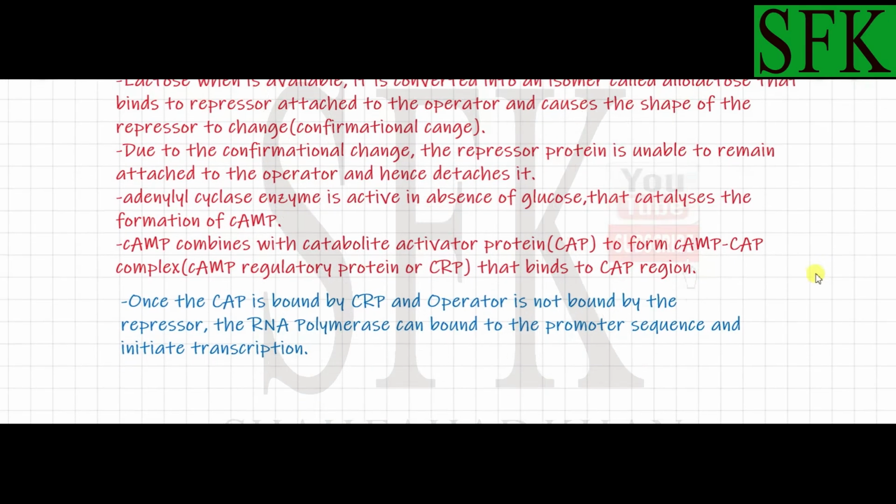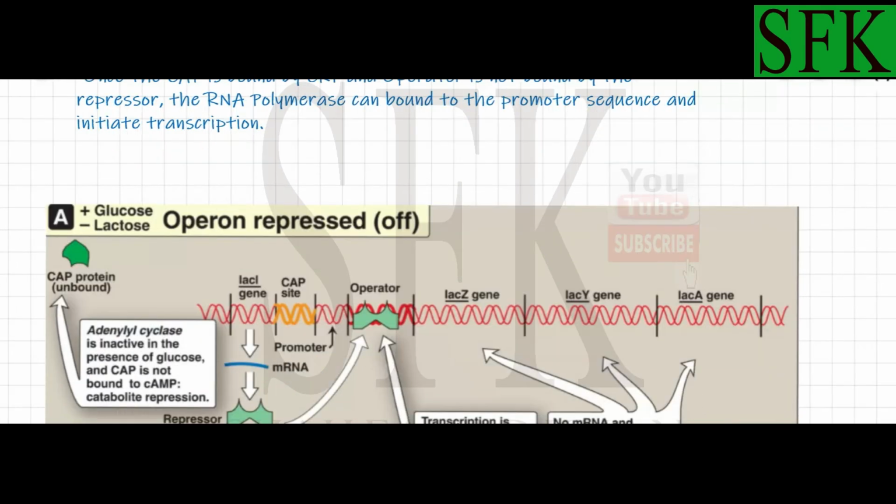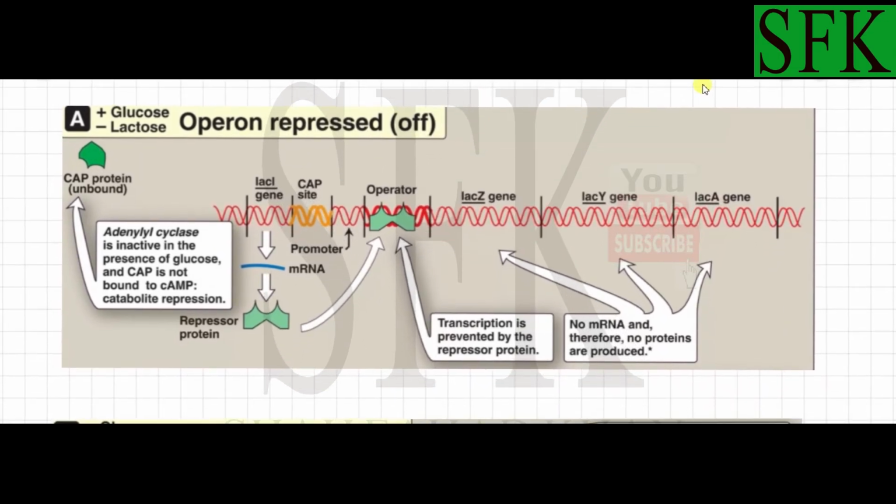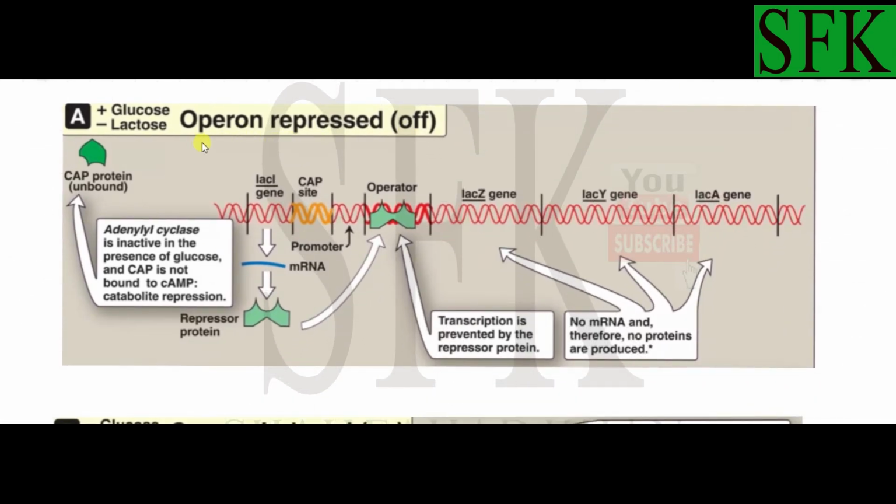Now let's talk about a few specific cases. What happens if glucose is available and lactose is not? As I told you earlier, to save energy, the Lac Operon is not activated, it is repressed so that the enzymes are not made. The CAP protein, the catabolite activator protein, needs cAMP in order to form the complex and then bind to the CAP site.